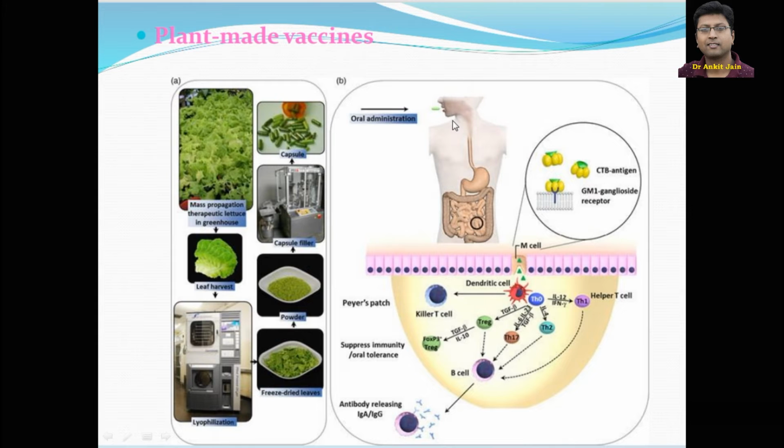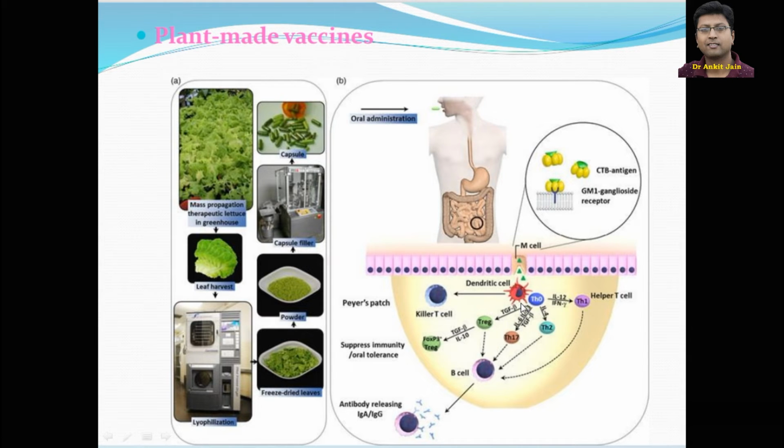Now, while giving orally to humans, that vaccine will bind to the enterocytes, and the antigen will enter into the M cell, and inside the M cell it will activate the dendritic cells.